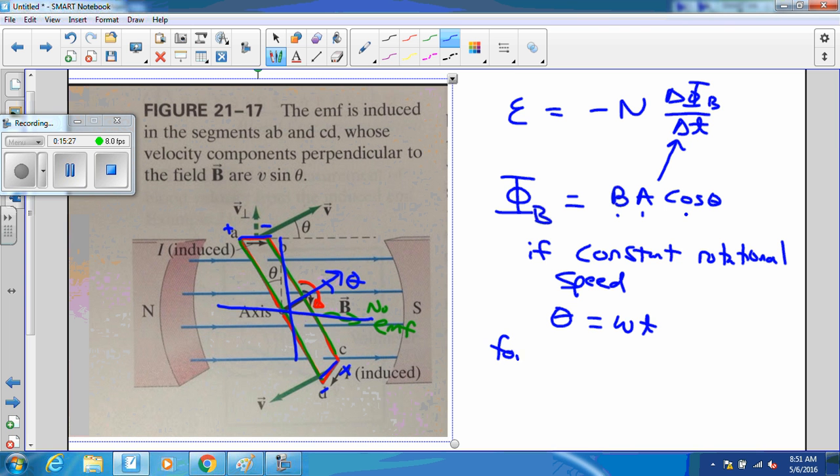So that for the generator, flux is going to be equal to B times A times cosine omega t. And that's the flux, that's not the EMF. The EMF is going to be the rate of change of this flux.